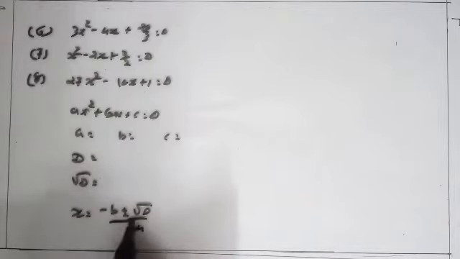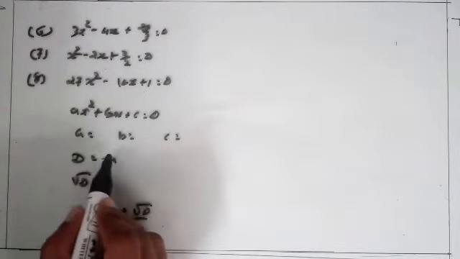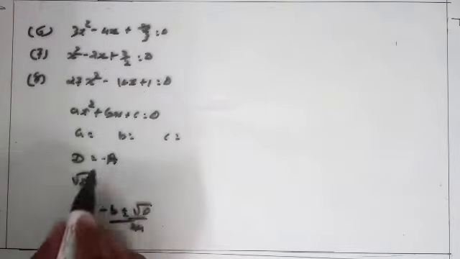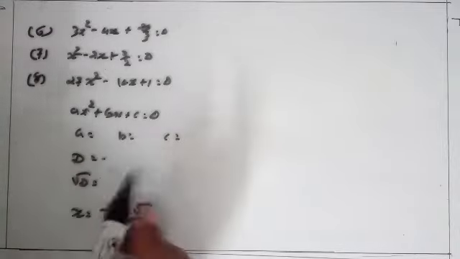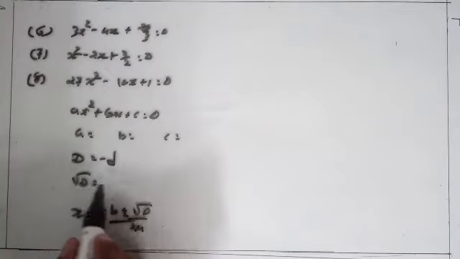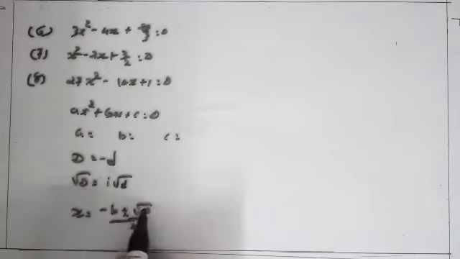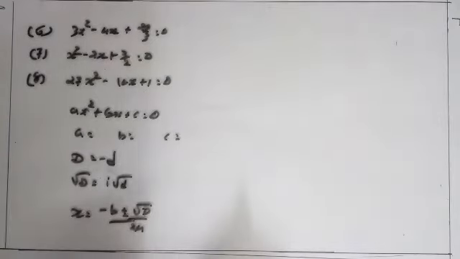You know that. Clear? If D is negative, say D = -d, then the root of D becomes i√d. Replacing a, b and d, we get the solution.